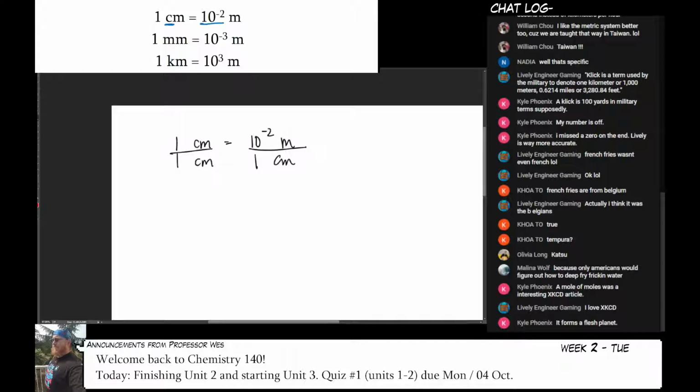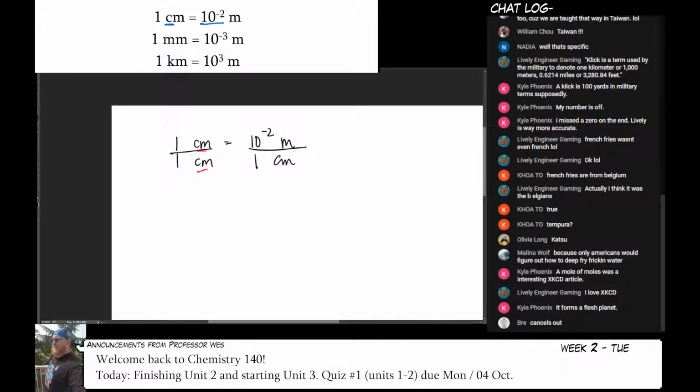Okay, so now that I've done this, you might think, well, what's the point of doing that? Well, here's what happens. What happens when I divide something by itself? And this could be anything. I could divide 7 divided by 7, orange divided by orange. What's the result? Yeah, they cancel, right? Dividing something by itself gives you 1.